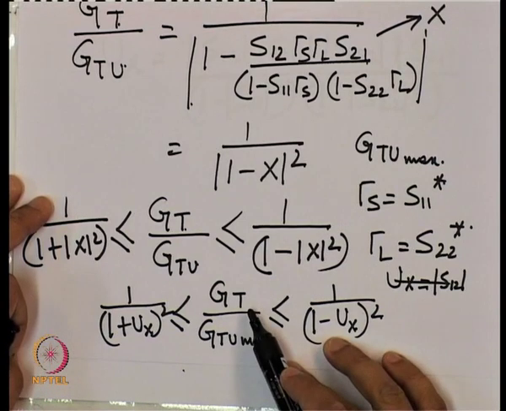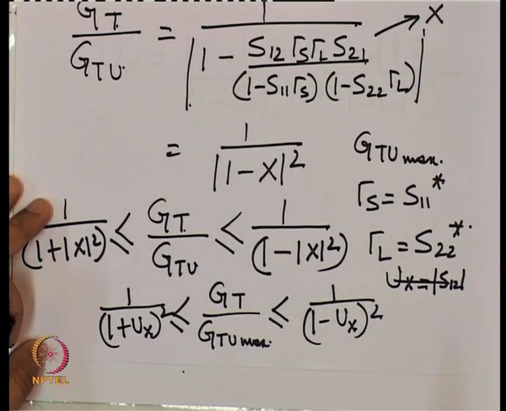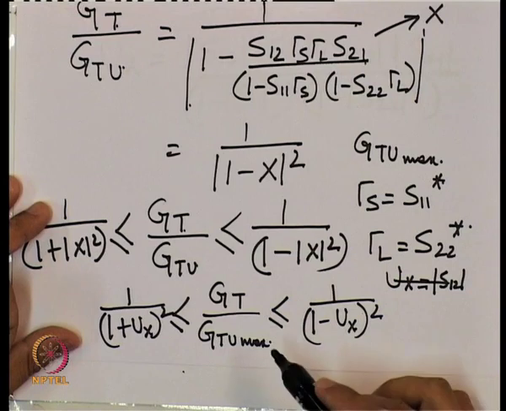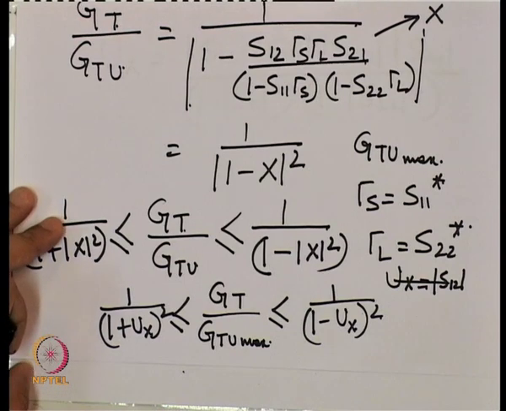If the GT that we obtain does not lie within this range, or anytime this ratio is not within this given range, then we cannot do this unilateral approximation.